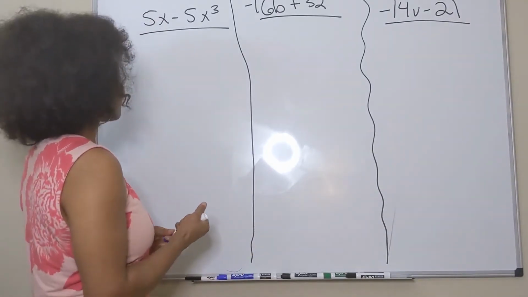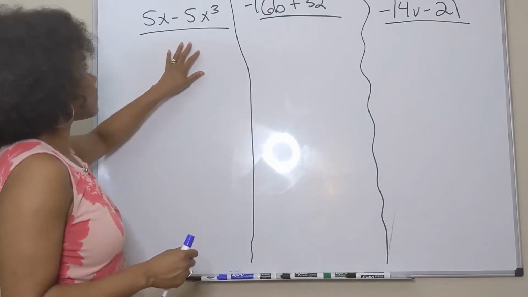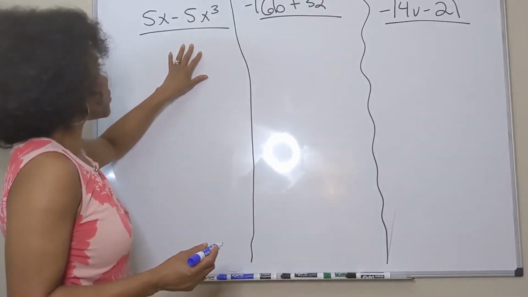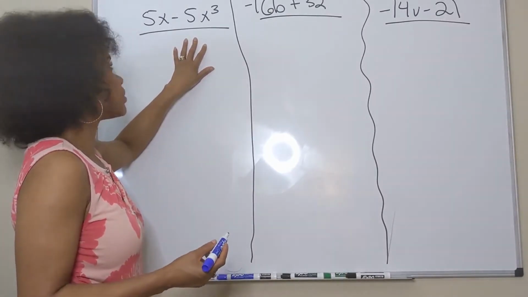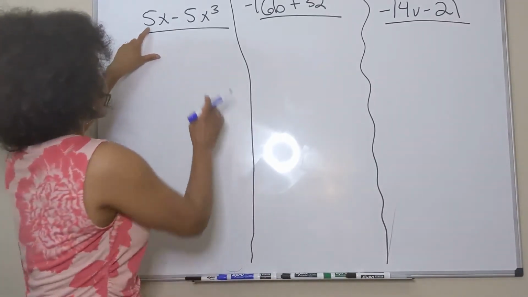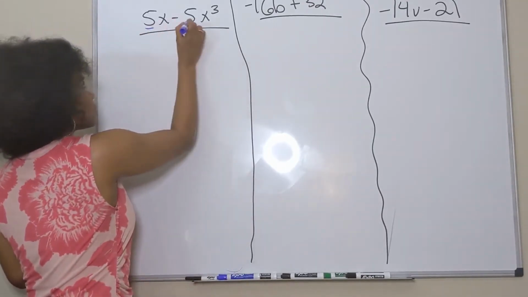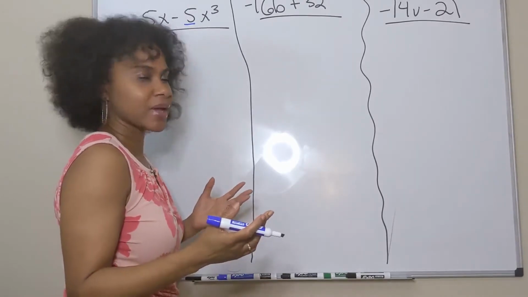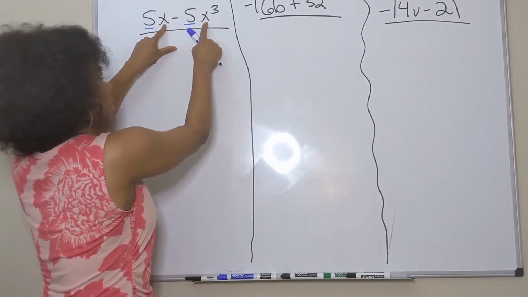So here I have 5x minus 5x cubed. You want to find the greatest common factor between these two terms. We can see that 5 and 5, the greatest common factor would be 5. But here we have an x and an x to the third power.